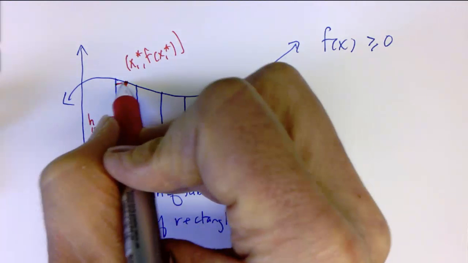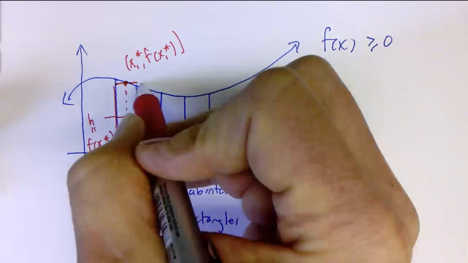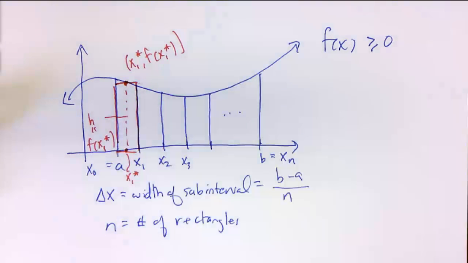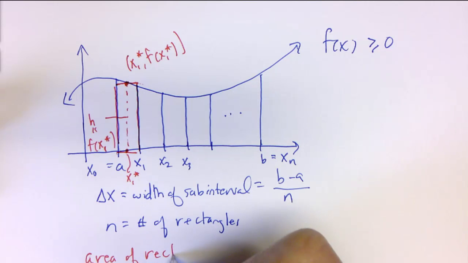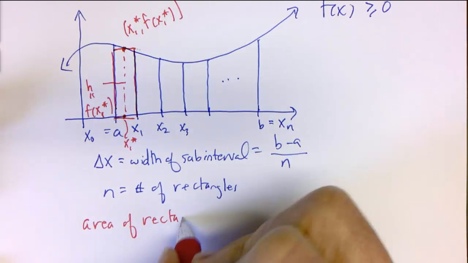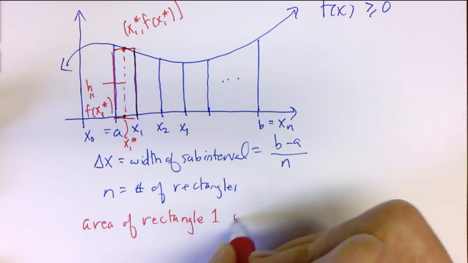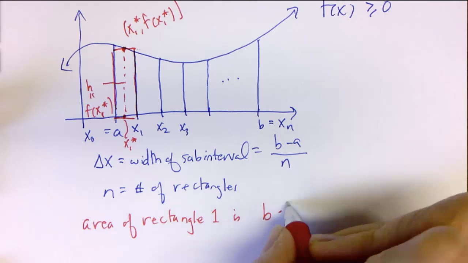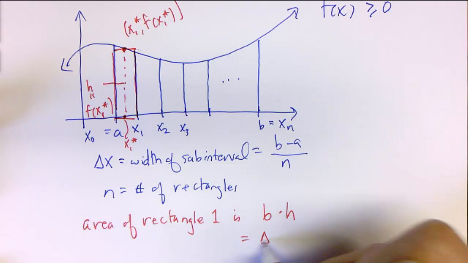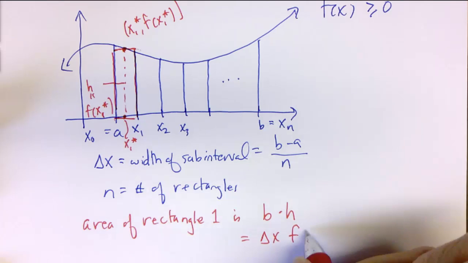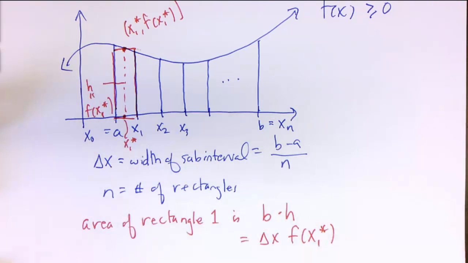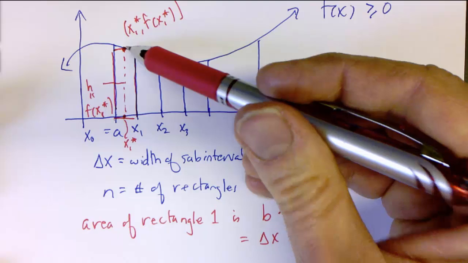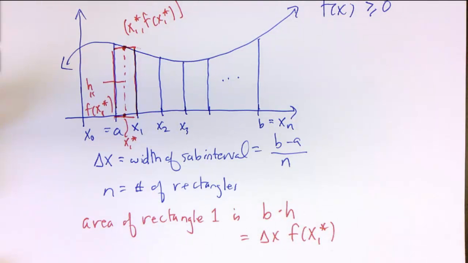And so this red rectangle right here, which is about the same as the strip, the area of rectangle 1 is base times height, or delta x times f of x1 star. Now x1 star is just some point you pick in the subinterval where you're going to use that point to evaluate and find the height of your approximating rectangle.